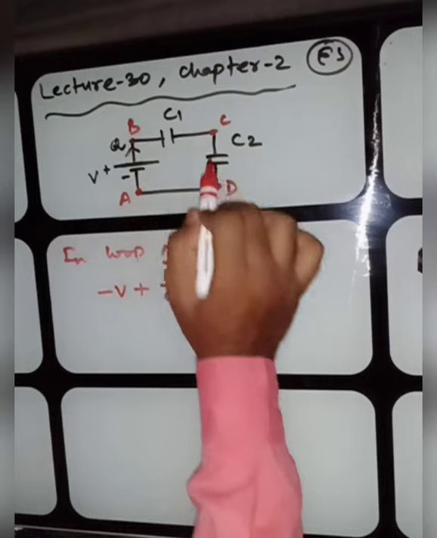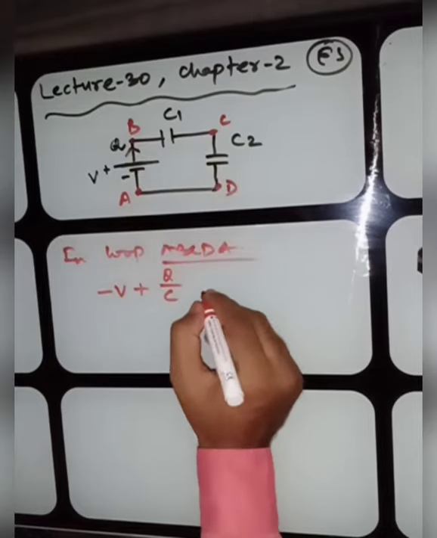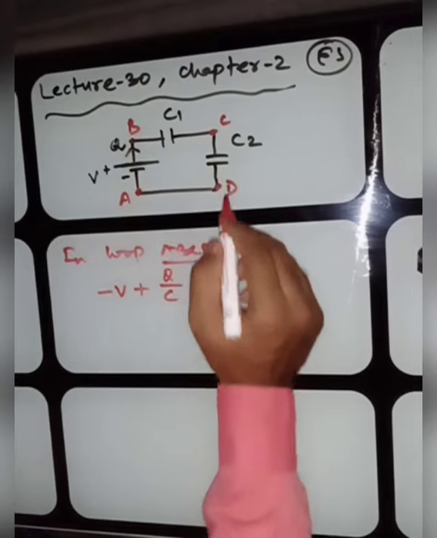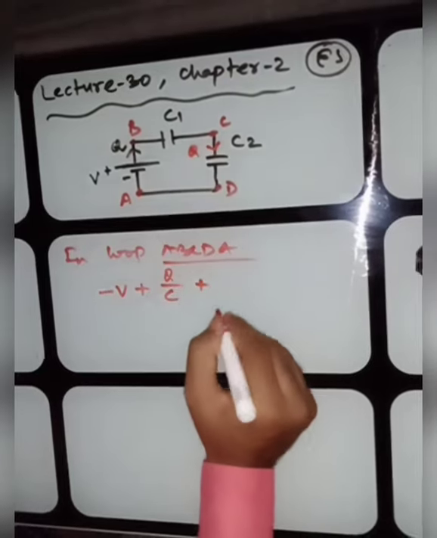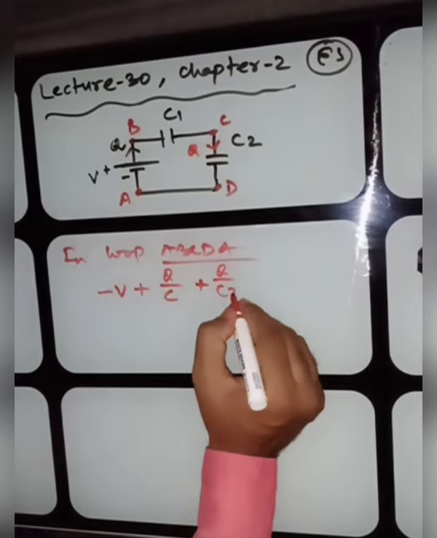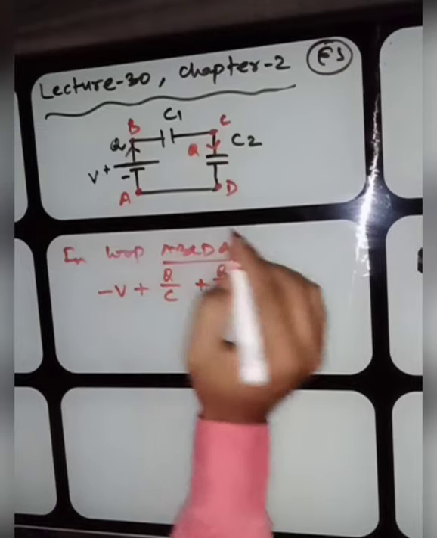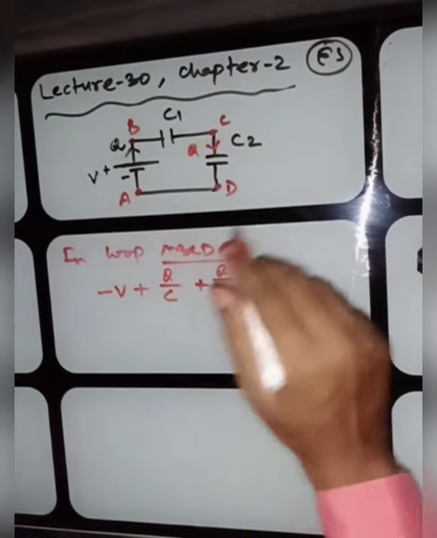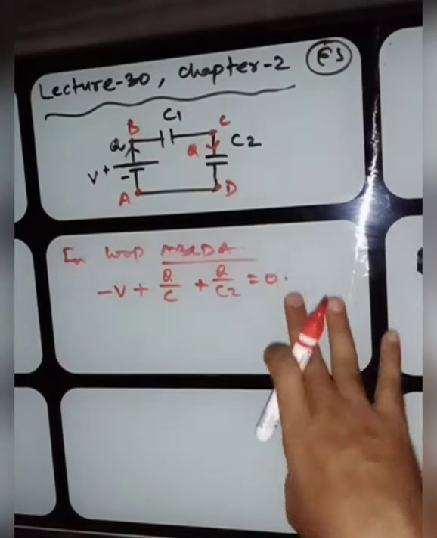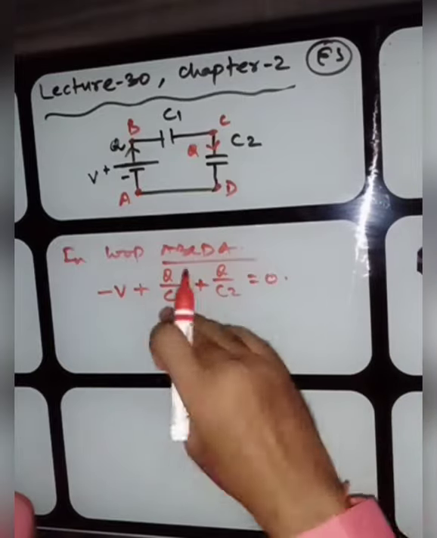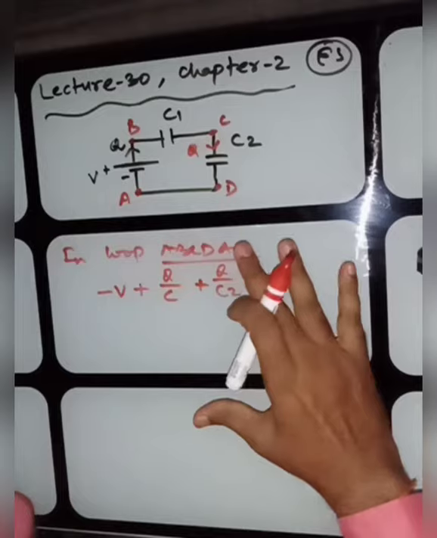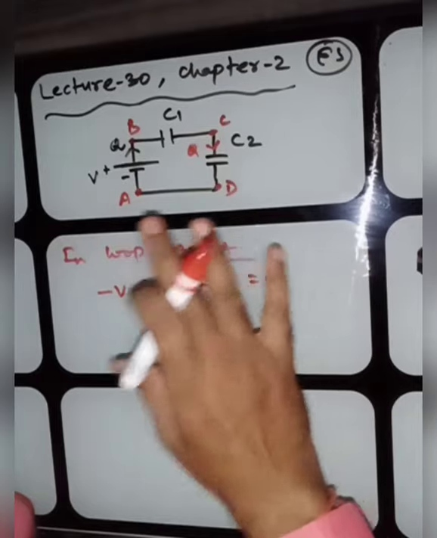Again Q, because these two are in series. So plus. Why plus? Because we are moving with the flow of charge. So it is Q by C2. And again we reach the same point, so it equals 0. And this is the equation. You can simplify this now. I hope, students, you understand how you have to write the equation while using Kirchhoff's voltage law.